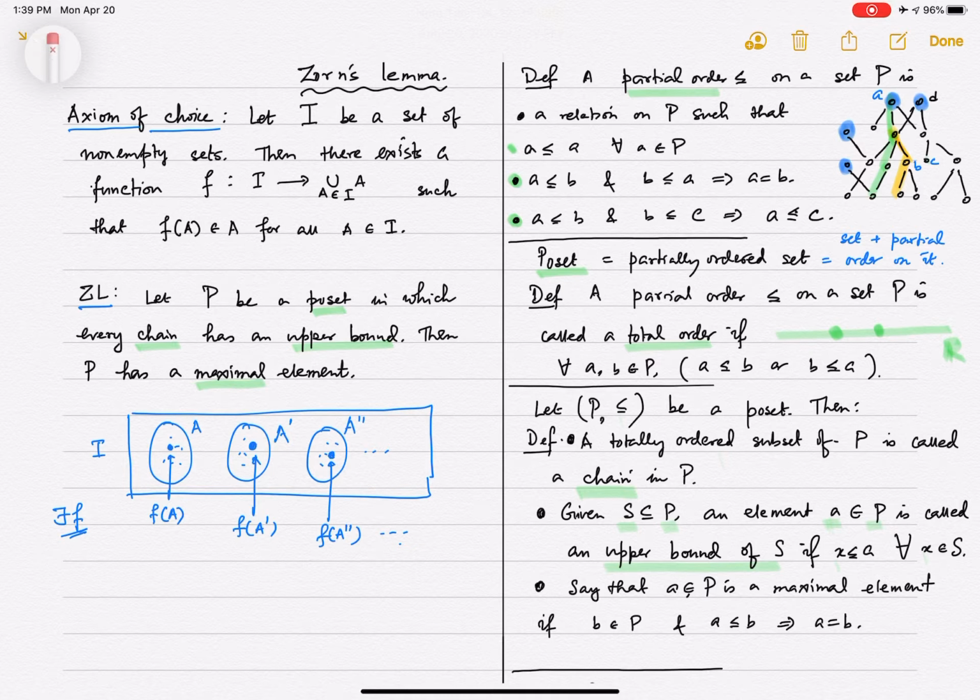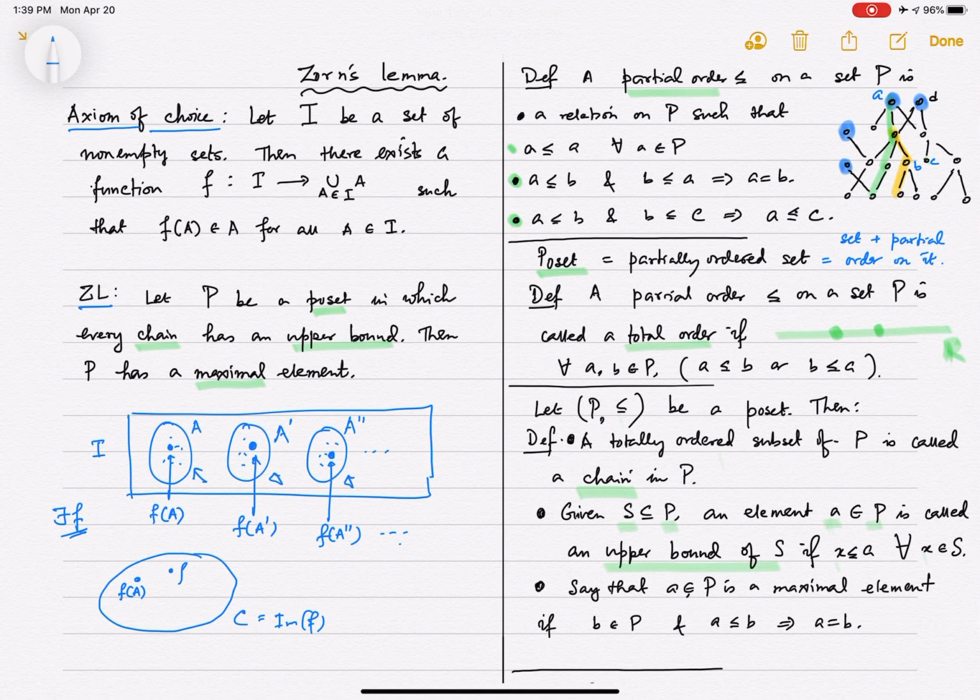Sometimes it's stated as follows, which will sound even more intuitive. It says, if you assume that these sets A prime, A double prime are all disjoint, then you can make a new set, which in our language is the image of this function f. You can make a new set which consists of exactly one thing from all these sets.